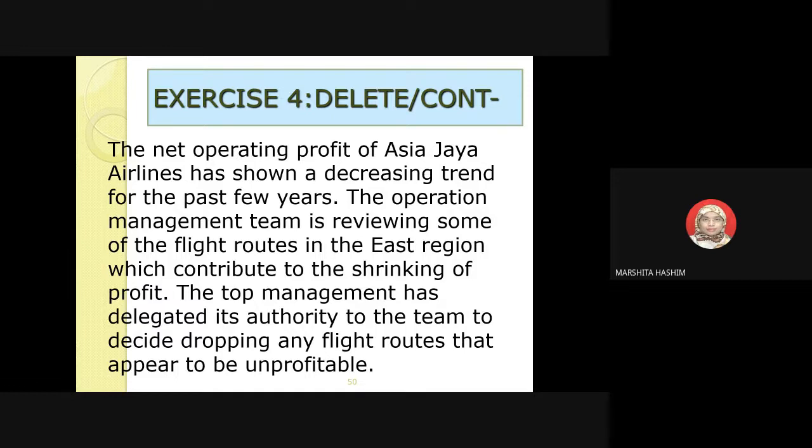Top management has delegated its authority to the team to decide on dropping any flight routes that appear to be unprofitable. This one is an issue of delete or continue, whether you want to continue operations or you want to shut down one of your operations.